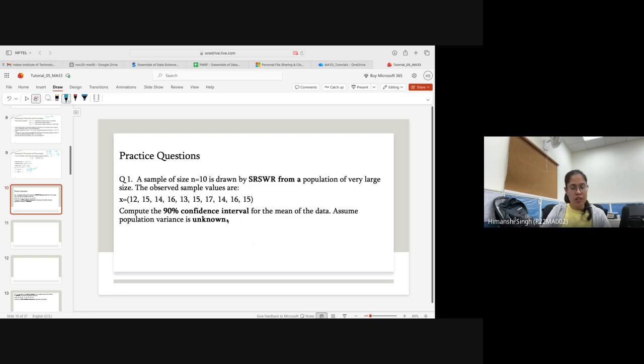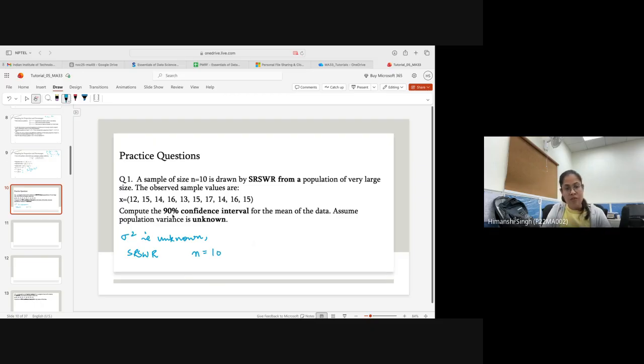Assume that the population variance is not known, so sigma square is unknown. And the method by which we are collecting the sample is SRSWR, that is, with replacement. Now the sample size small n is 10, and this is the data vector.